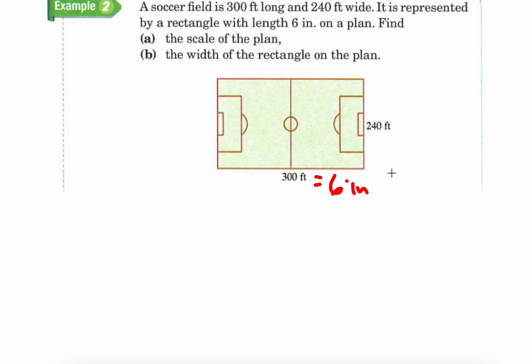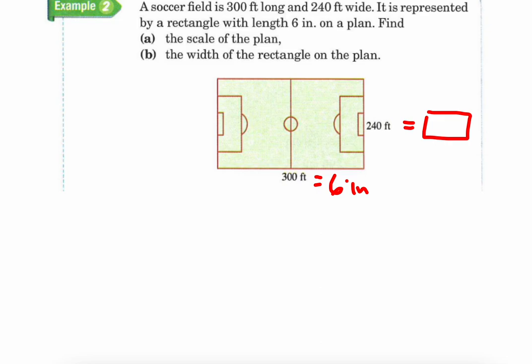Because the soccer field is really big. They're only representing it on a little drawing where the length, which is actually 300 feet, is represented by only 6 inches. Find A, the scale of the plan, and B, the width of the rectangle on the plan. So they don't know how they would represent it on the plan using this. Go ahead and pause the video and try it on your own first.